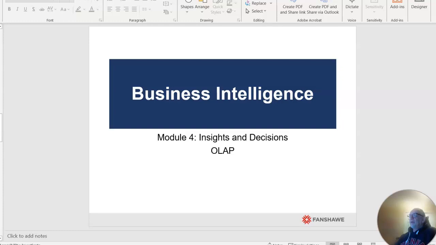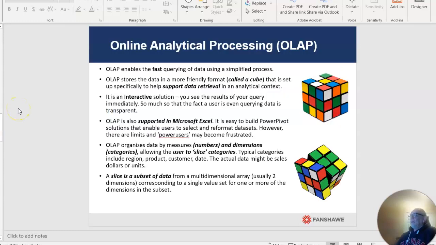Next, I want to talk about OLAP, Online Analytical Processing. This is the back-end technology that is in a lot of software like Tableau and Excel that enables us to query data very quickly and in a simplified manner. OLAP stores the data in a cube.